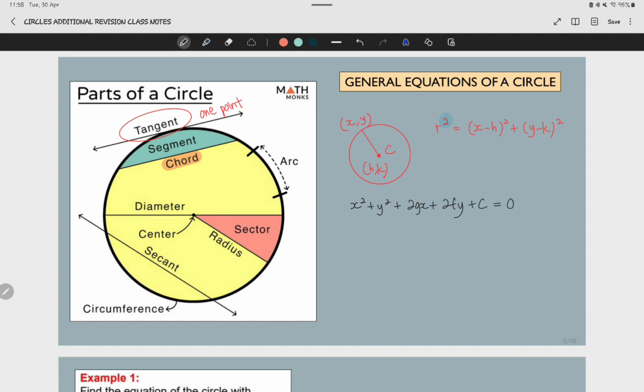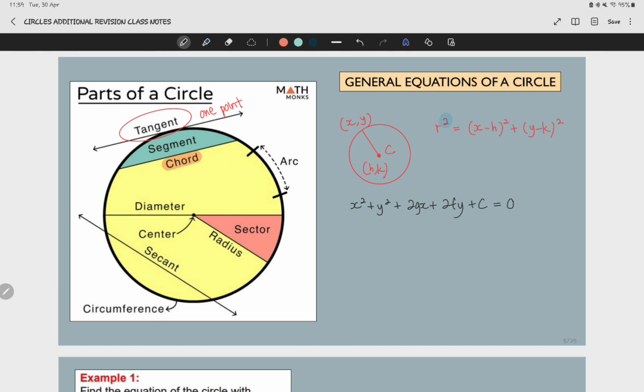Maybe you think macam pelik je, but actually this general equation is based on the distance formula that we used just now. From the distance formula, the (x minus h) squared form, we can get the center and also the value of the radius. For this general equation with the gx, fy, you can do the same.